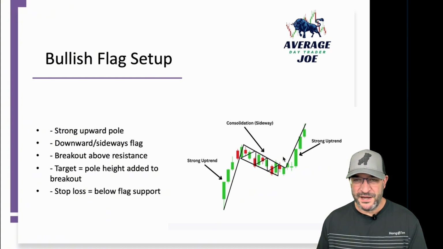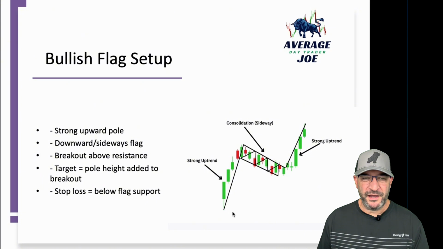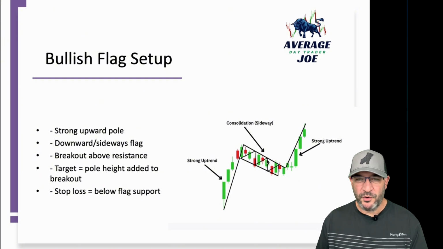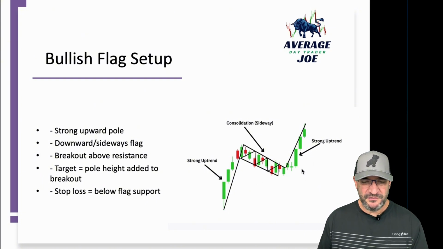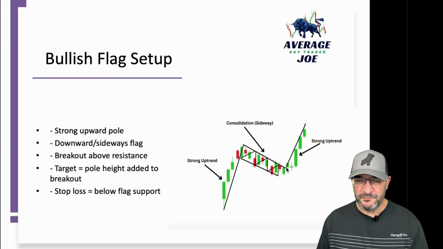So you're going to have breakout here, boom, pole height, the same as this pole height. And the other important thing to remember is to make sure that you are setting your stop loss just below the flag support. So this is support right here at the bottom of this flag before it turns. And so you want to set your stop loss here.